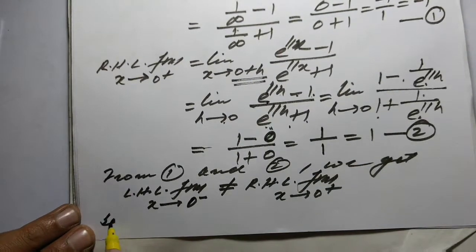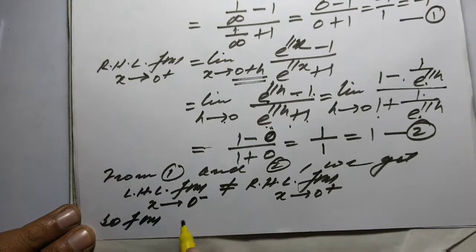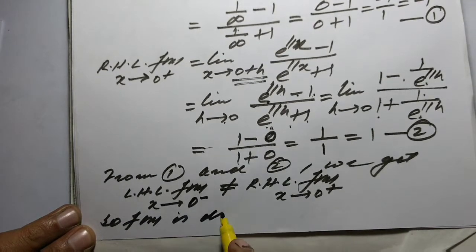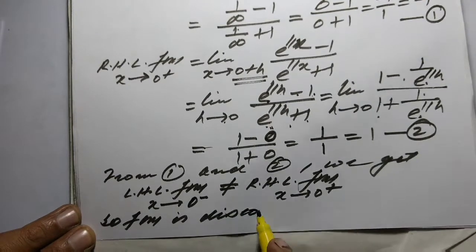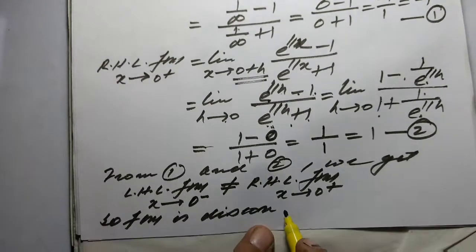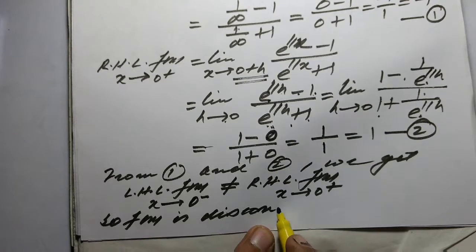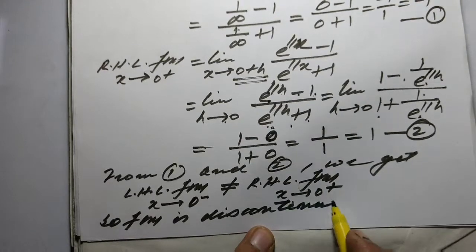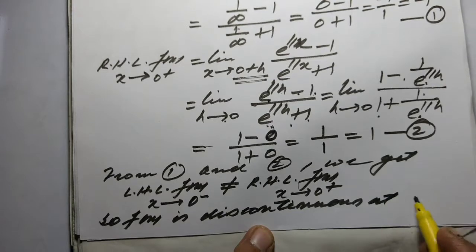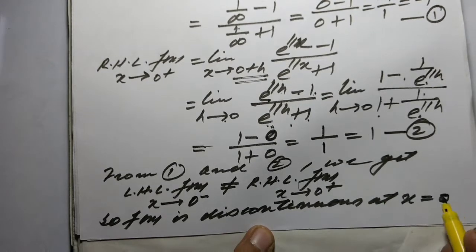So f(x) is discontinuous because the criteria of continuity is not satisfied. So f(x) is discontinuous at x = 0.